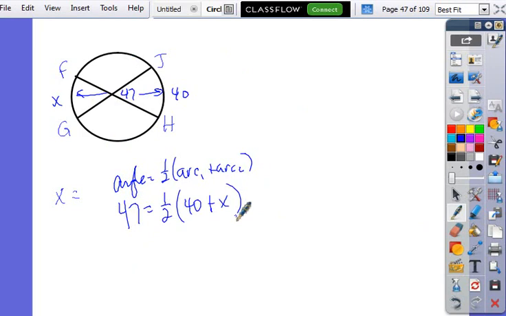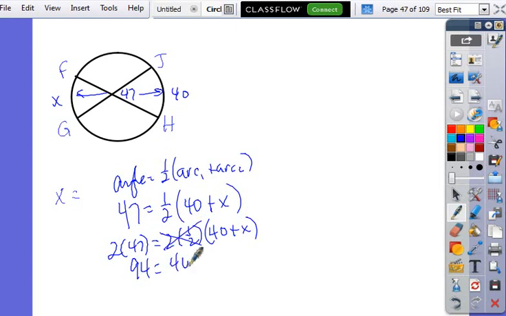Again, what are we always going to do with this? Multiply by 2. So 2 times 47, and 2 times 1/2 times 40 plus x. That's 94. 94 equals, those two cancel out, what's left is what's in the parentheses, 40 plus x. You subtract off that, 54, and you've got your answer.